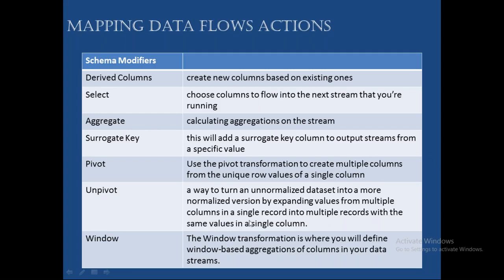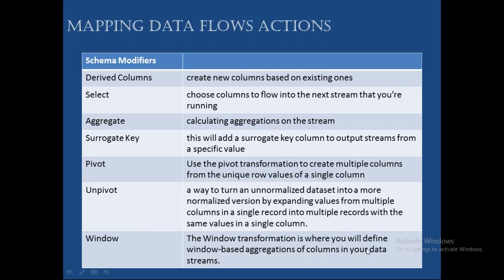Unpivot is exactly the reverse, a way to turn an unnormalized data set into a more normalized version by expanding values from multiple columns in a single record into multiple records with the same value in a single column. Do not worry if you are not able to understand pivot and unpivot, we will discuss them in detail.